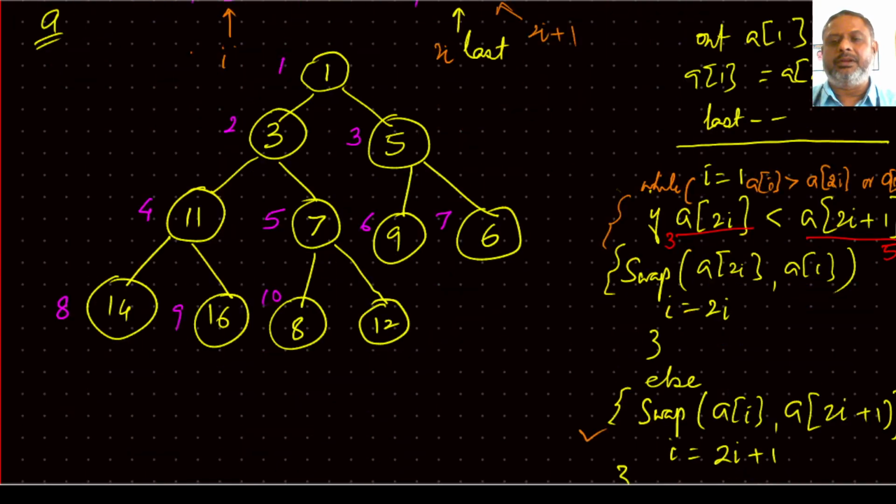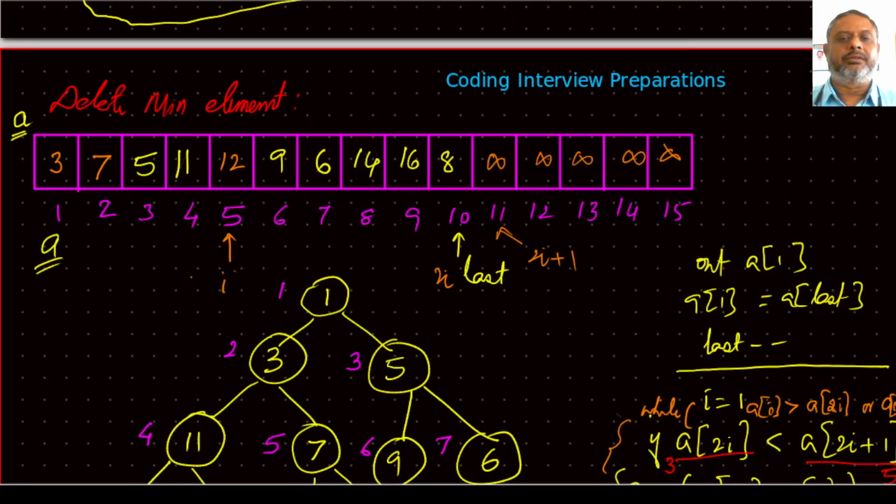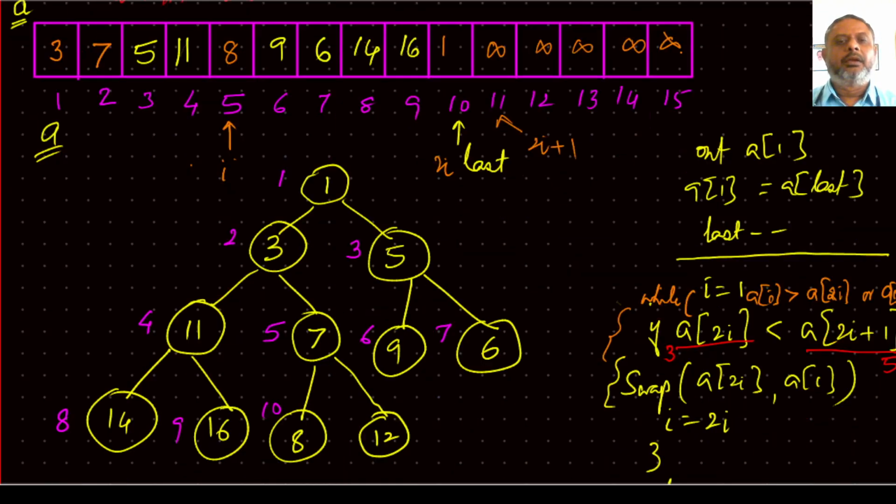This is infinity. So this is a swap between A of I and A of 2I. So 8 comes here and 12 comes here. So in all, what changes are done? This has gone.